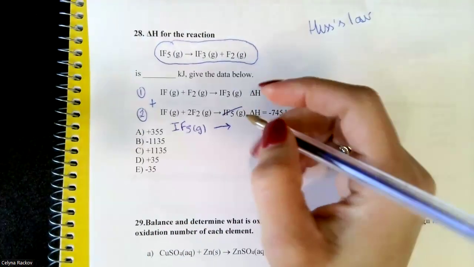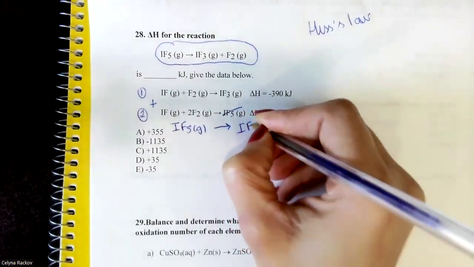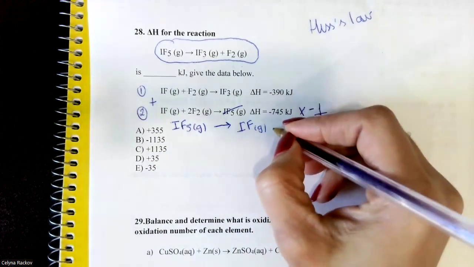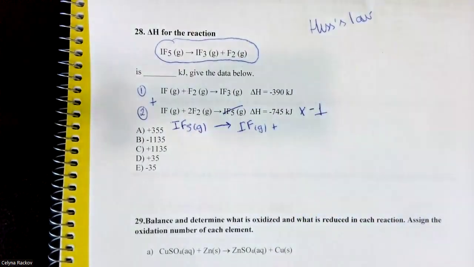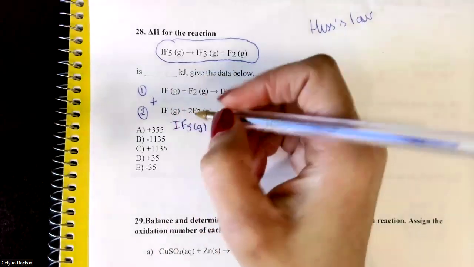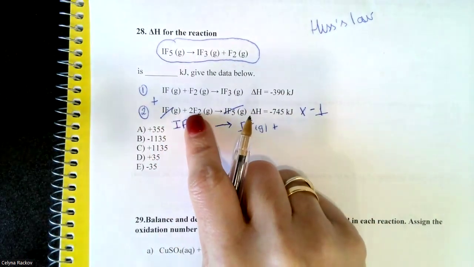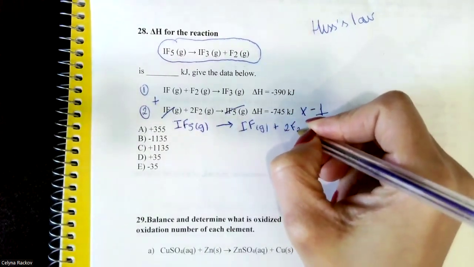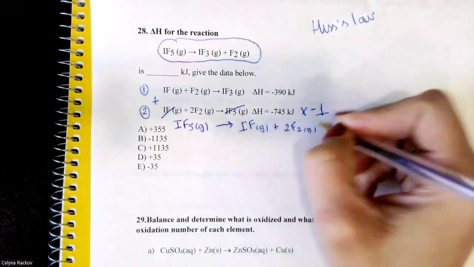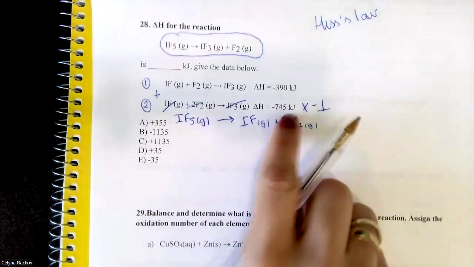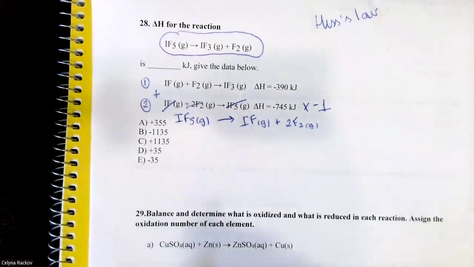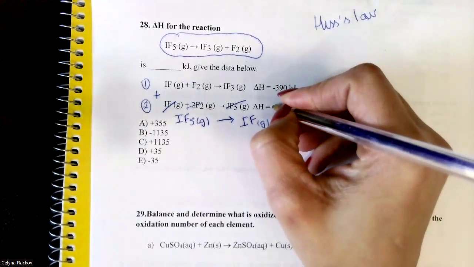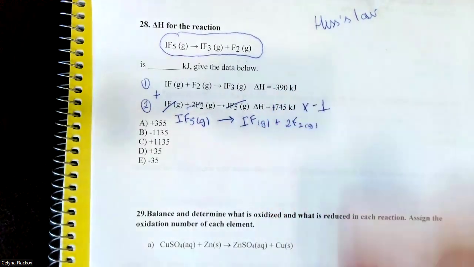Then iodine fluoride IF here was a reactant, and now will be a product, plus 2F2 here was a reactant, so now it will be a product, right? So now we already used this equation, we flipped everything, right? And the sign that was minus should now be positive, right?